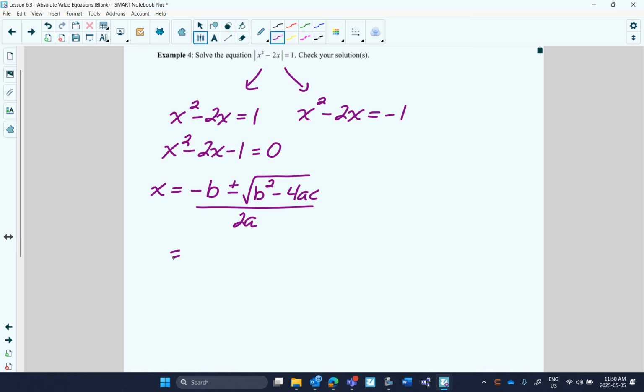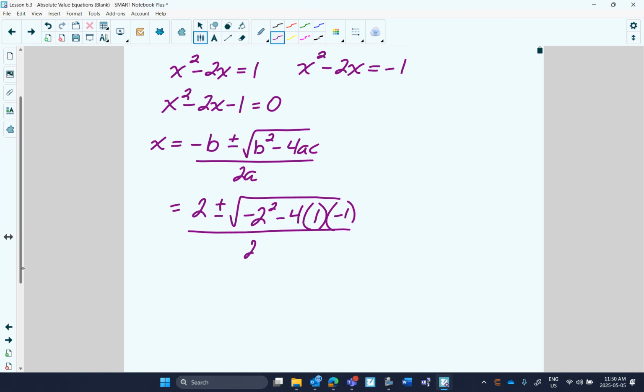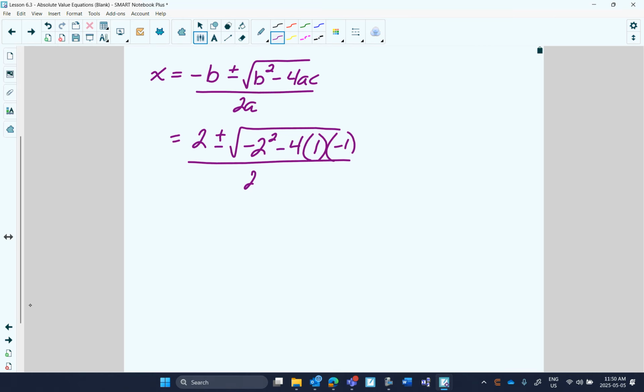So what's b? It becomes positive 2 when I put it here, over 2 times 1, which is 2. All good?